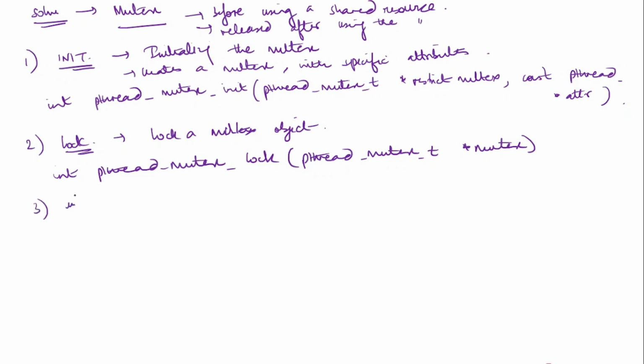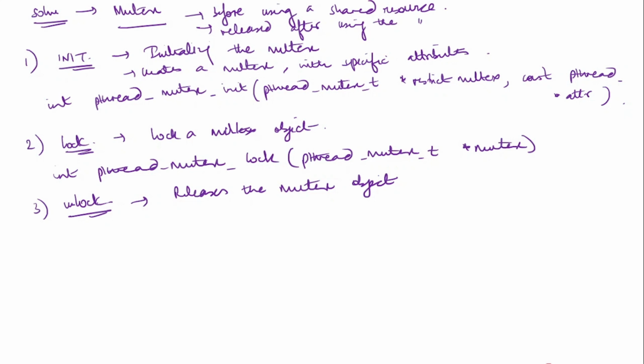Third one is the unlock. This releases the mutex object. You use the unlock function. If one or more threads are waiting to lock the mutex, this function causes one of those threads to return from the lock function with the mutex object acquired.